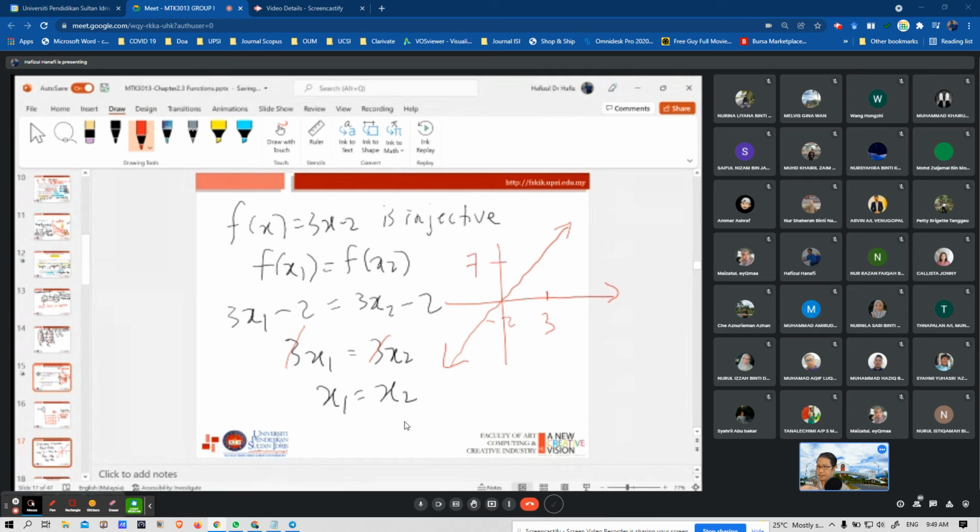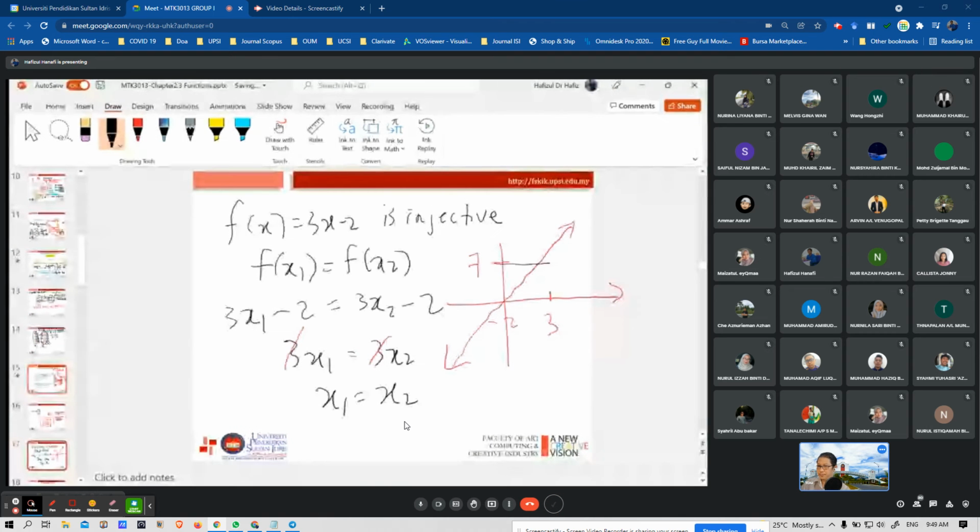If we go to the left or to the right, there are no other values that go to the exact same y. So no other x can be chosen that gives us the same y. 3 is the only value that gives us f(x) equal to 7.